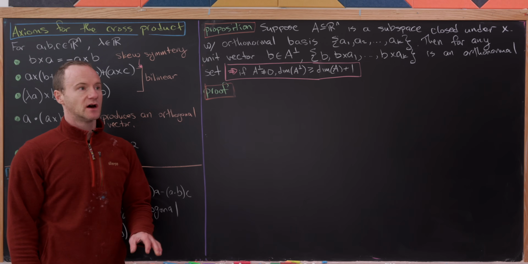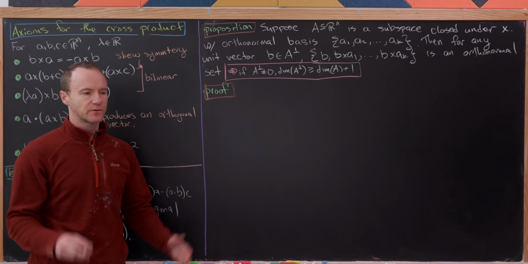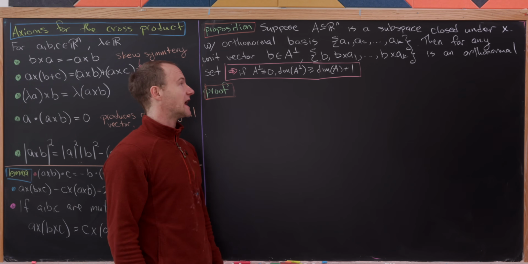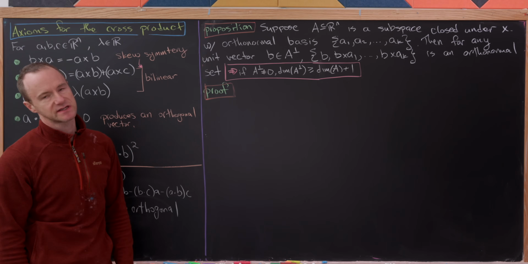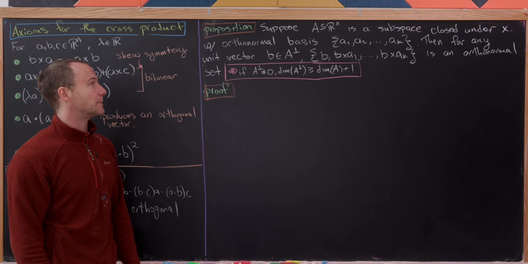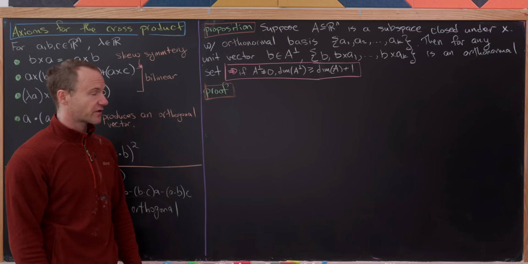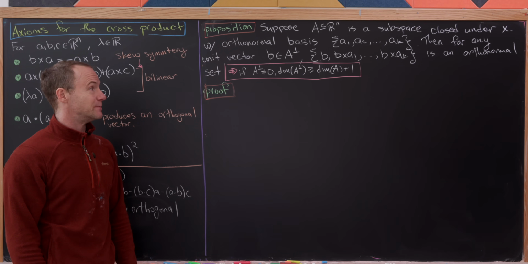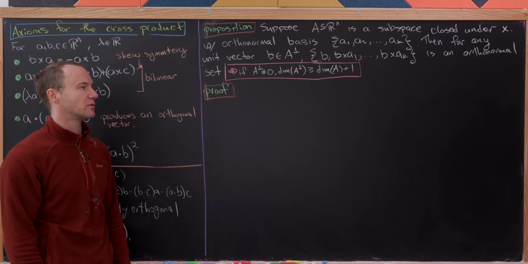So that's a basis of unit vectors, each of which is orthogonal to all of the rest. And that is A1, A2 up to AK. So this is k-dimensional. Then for any unit vector B in the orthogonal complement of A, then the set B, B cross A1, B cross A2 up to B cross AK is an orthonormal set.